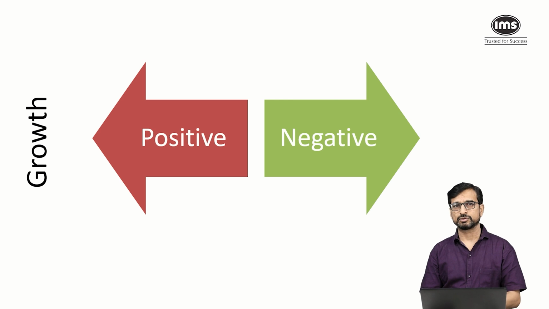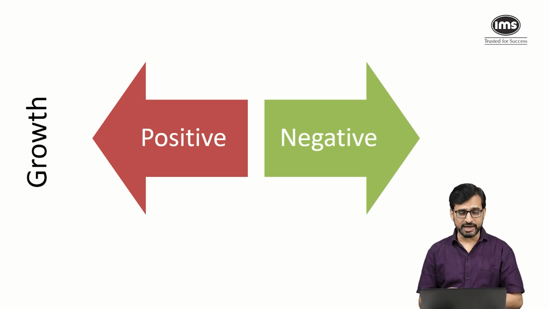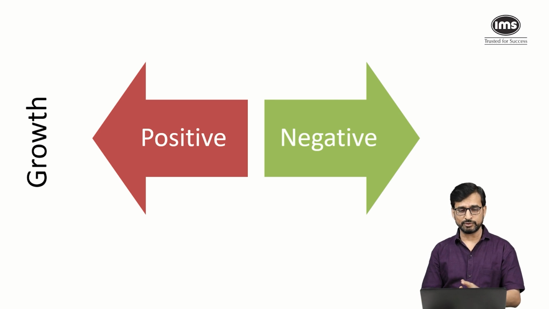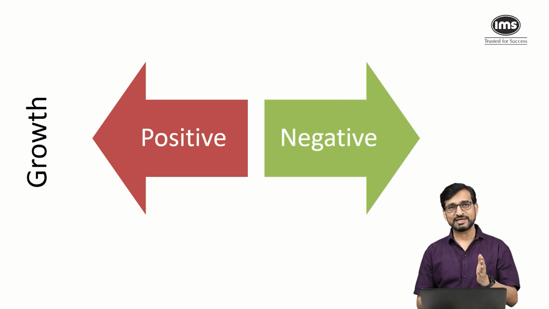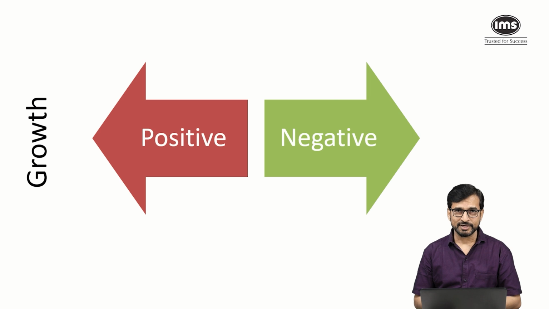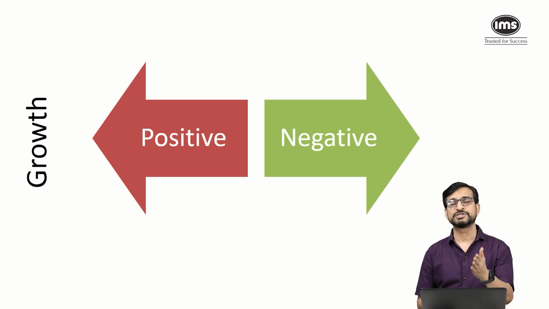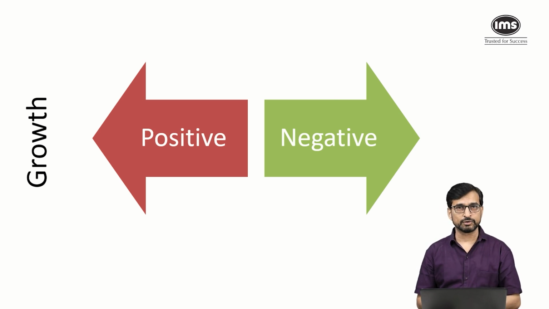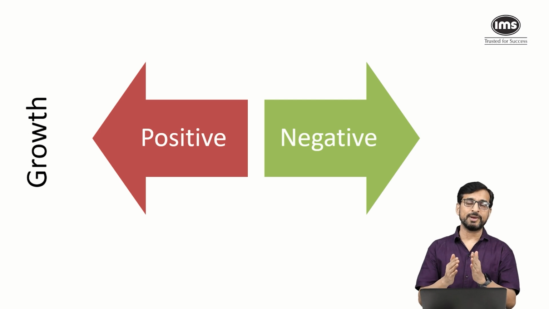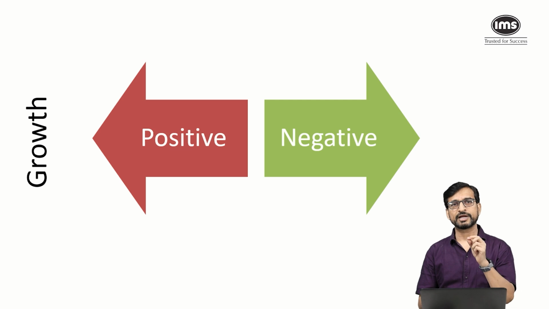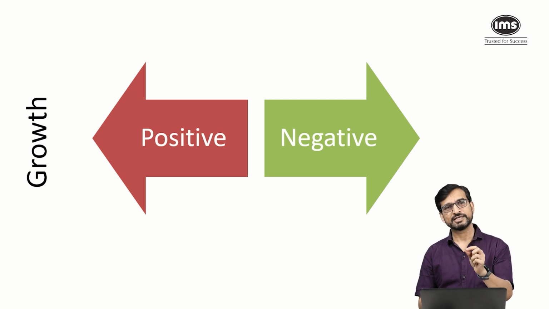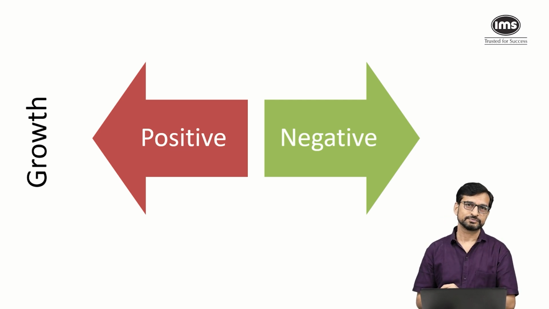Now coming to growth. Growth can be positive or can be negative. Don't get into colors. Why did I say positive is red and negative is green? Because in terms of population, if the rate of growth is positive, of course, every human being coming to planet Earth requires a share in nature-gifted resources.